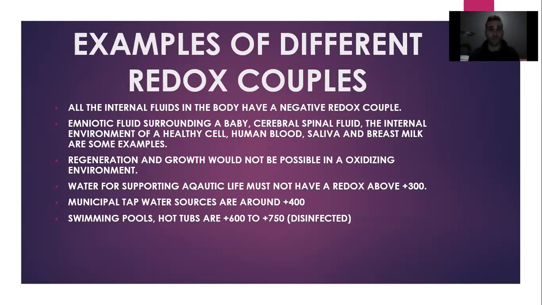Okay, so for an example, maintenance employees at a hotel or at a public swimming facility will check the ORP of these swimming pools, and they usually want it somewhere between around 600 to 750. When they get that ORP reading, they know that the water is disinfected and that germs, bugs, and pathogens for the most part are going to be killed in the water.